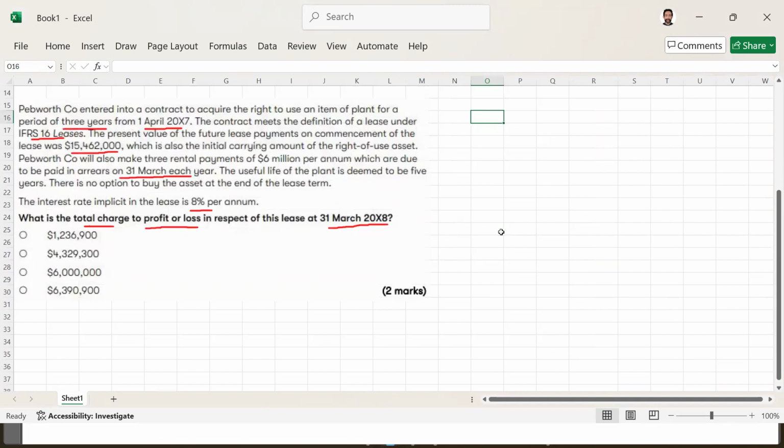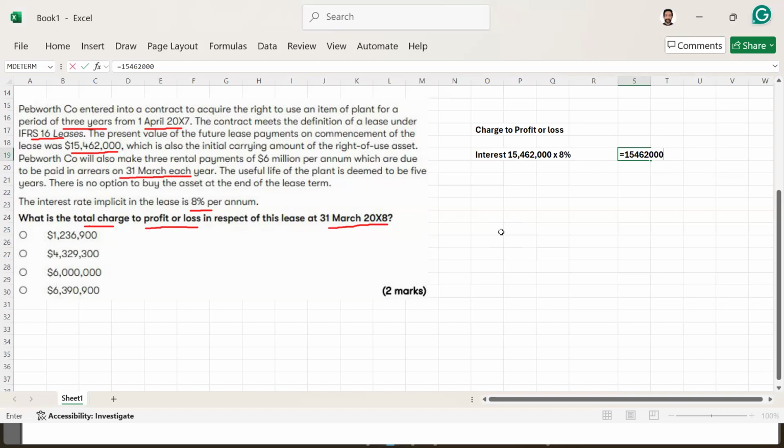So here we go. That is the interest. The main calculation is the charge to profit or loss. First one is the interest, which is going to be the present value of the future lease payments multiplied by the interest rate implicit in the lease, 8%. So let's calculate that value.